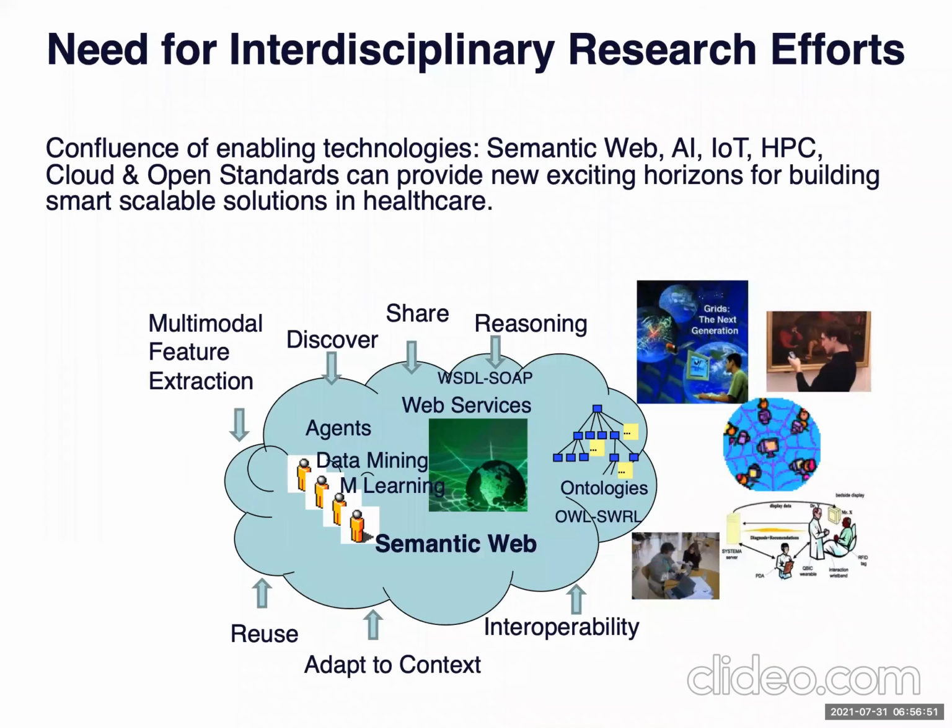In order to do that, as I mentioned earlier, it is interdisciplinary, with a lot of technologies: semantic web, artificial intelligence, Internet of Things, high performance computing, cloud computing, and standards used in healthcare. If you integrate all of these properly, you will be able to provide new exciting horizons for building smart, scalable solutions in healthcare that can deal with large populations and provide global services.